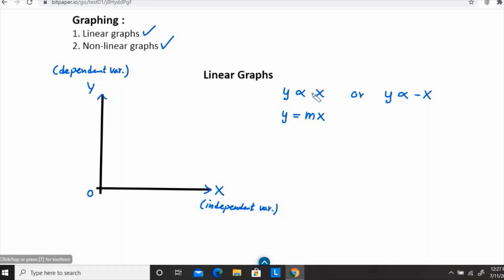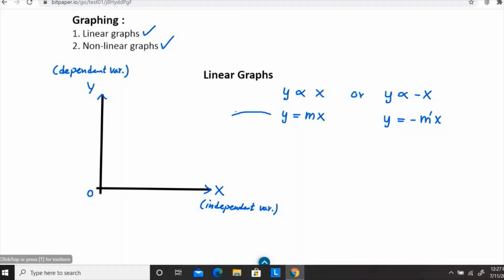Instead of plus x, now we have minus x. So again, I can multiply the relationship by a proportionality constant, and then I will have this equation. I'll call that proportionality constant m prime. Okay. Now I will discuss y equals minus mx later. However, let's focus on y equals mx.